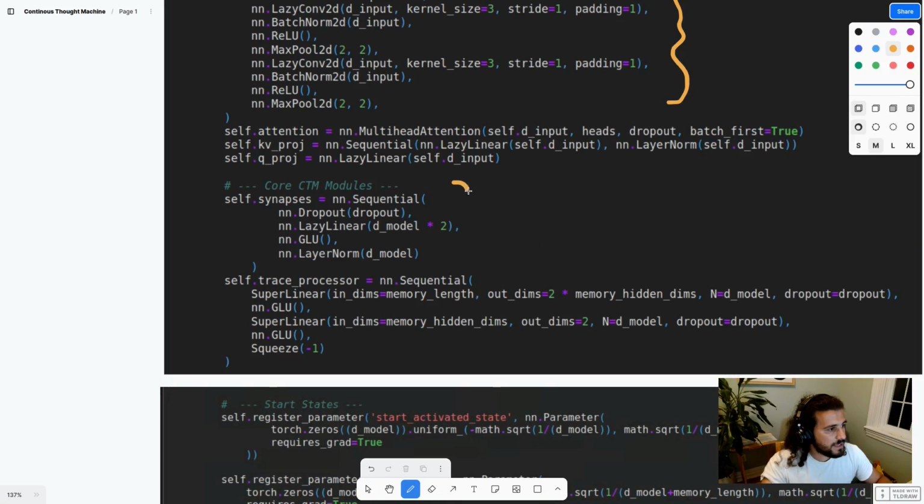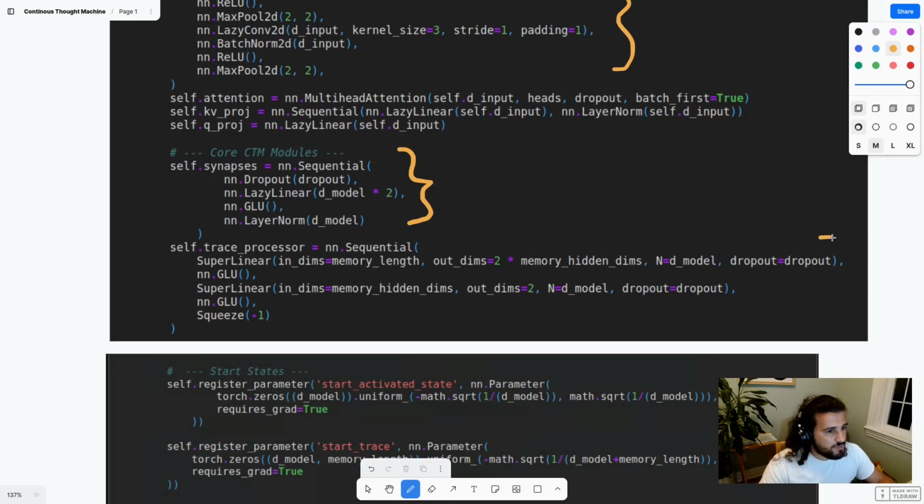Then with this, you have the synapse model, which is a pretty simple model in this case, because it's MNIST, right? But remember, they said in all of their tasks, UNet was always better. So this is not a UNet, this is just a sequential layer. And then you have the trace processor, which is a weird name for what it actually is, because this is the NLM, right?